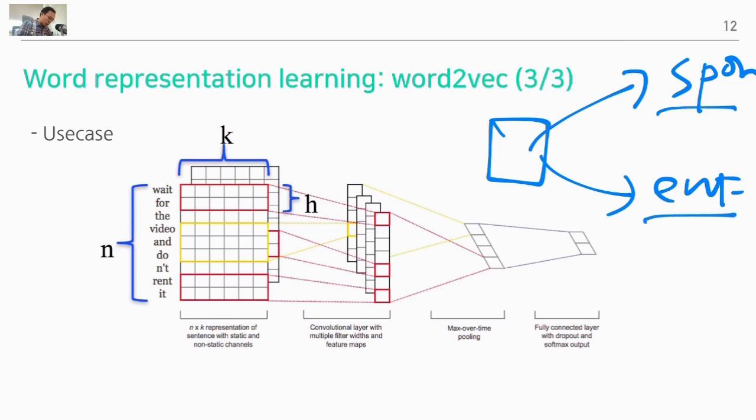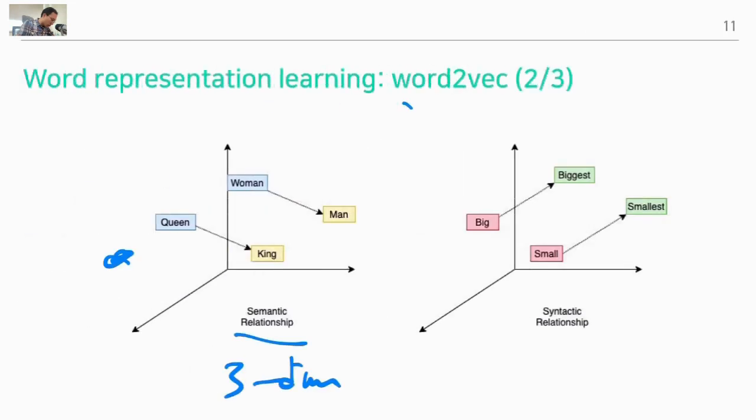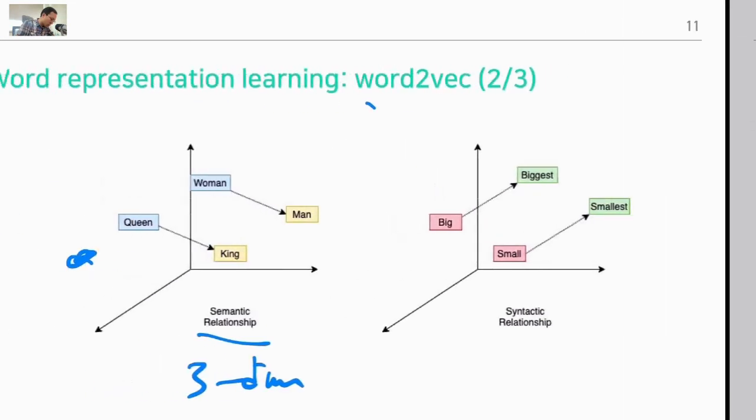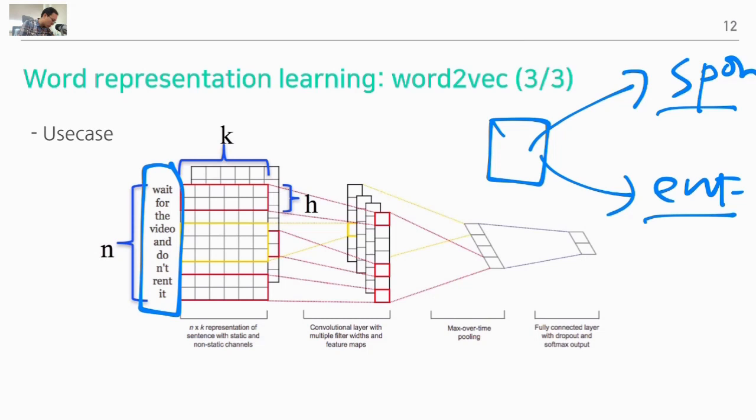To predict the class label, given the sentence, we know the representation in three-dimensional space for each word. For example, here we have six-dimensional information in the space.